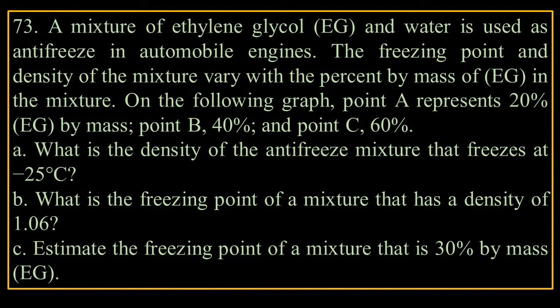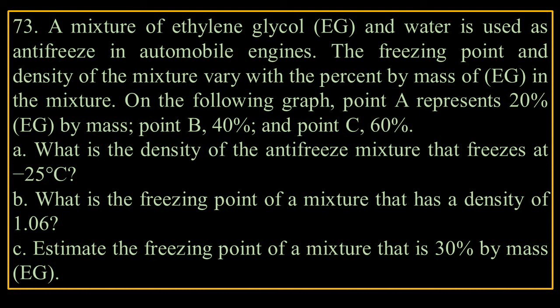A, what is the density of the antifreeze mixture that freezes at negative 25 degrees Celsius? B, what is the freezing point of a mixture that has a density of 1.06? And C, estimate the freezing point of a mixture that is 30% by mass ethylene glycol.